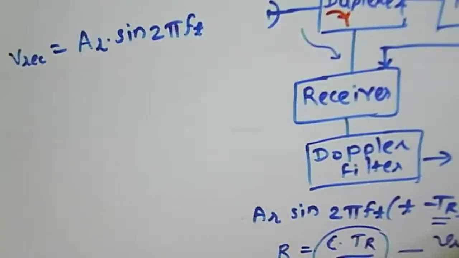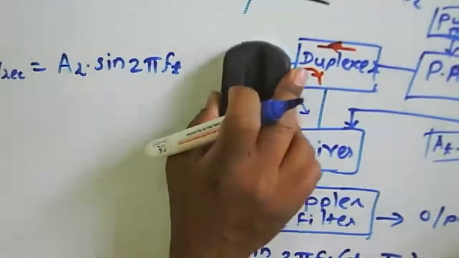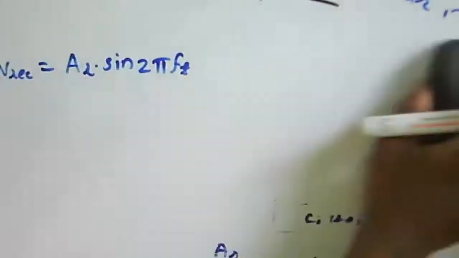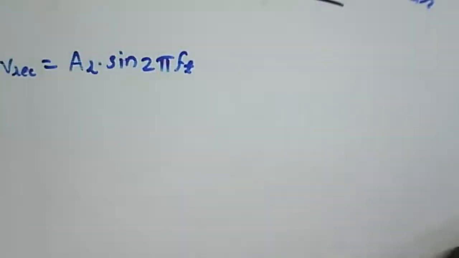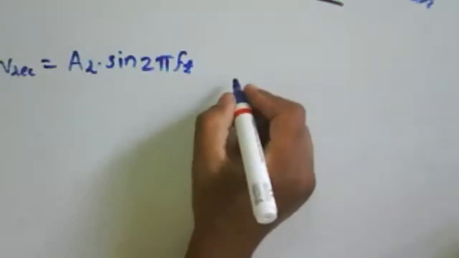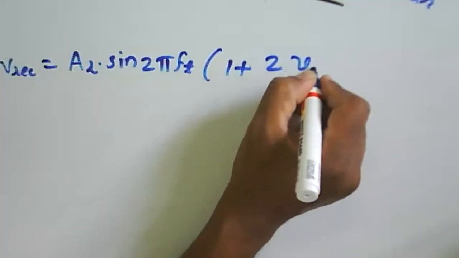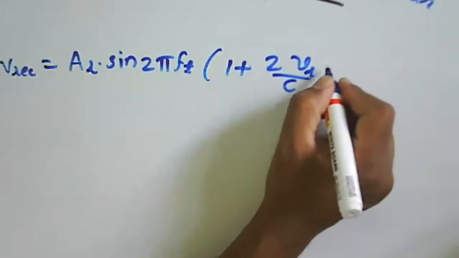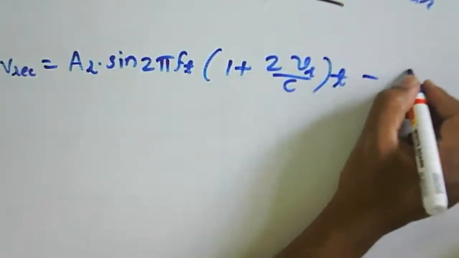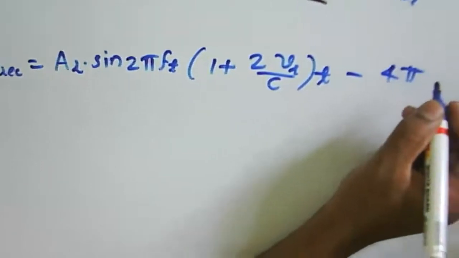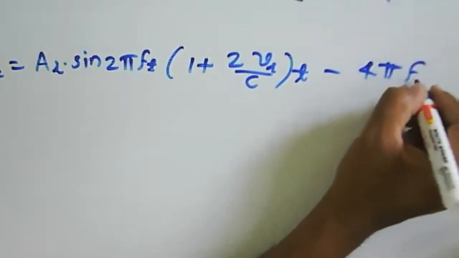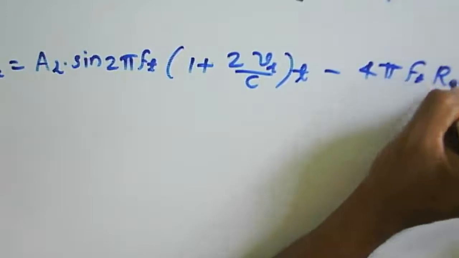So I'll just remove this one now. This one, 1 plus twice Vr by C into t, minus 4 pi ft R0 by C.